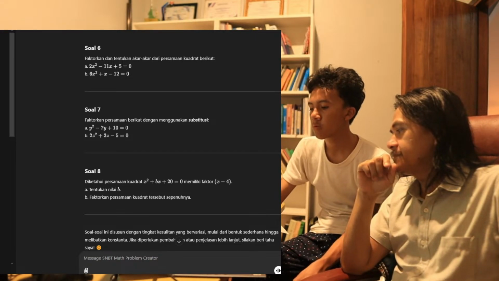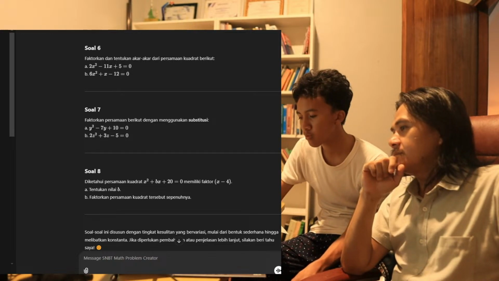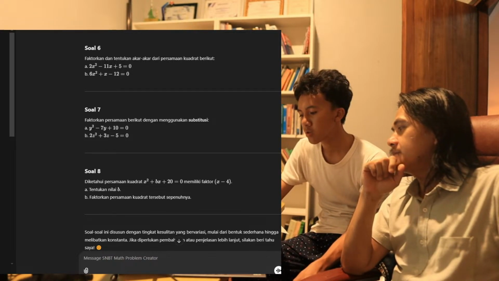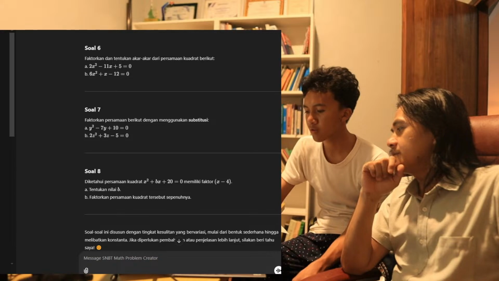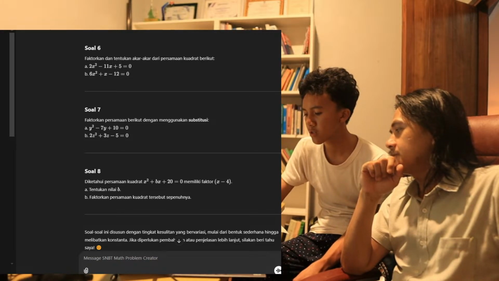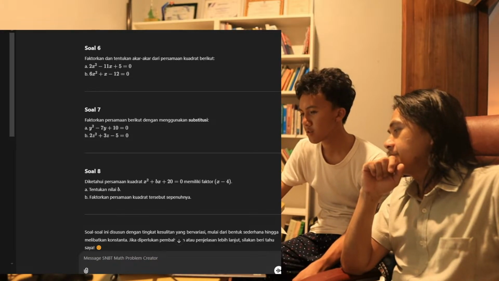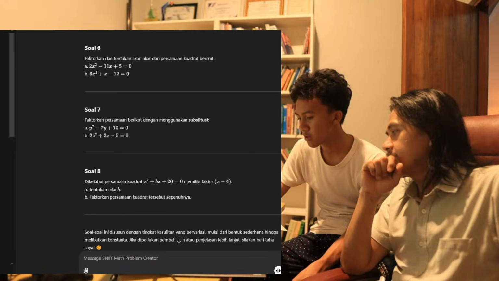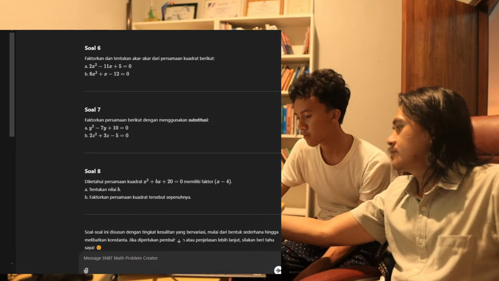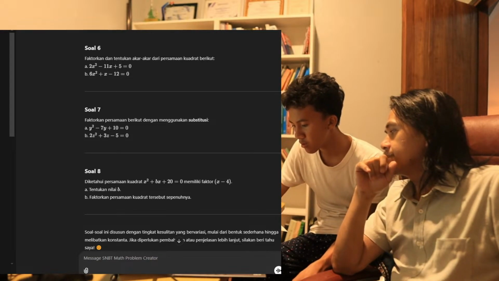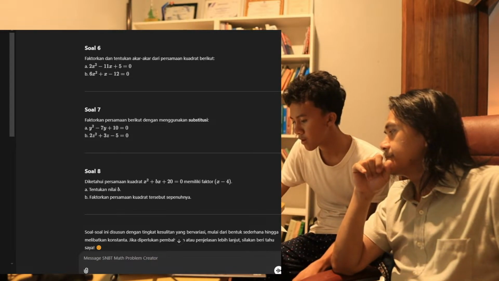Okay. And what do you do with this? You replace that one. So you have your 2x squared plus 5x minus 3x minus 2. Oh yeah, minus 2x minus 5 equals 0.